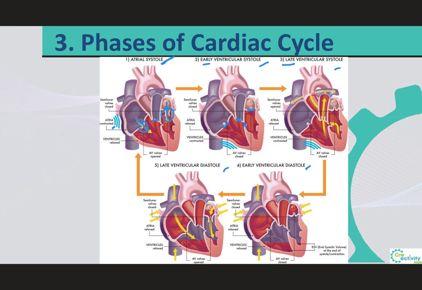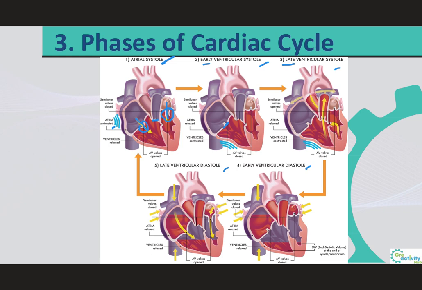So when the atrioventricular valves are closed, the blood in the ventricle will not be able to go back into the atria. And because the semilunar valves are not open, both valves will be closed. So this will increase the pressure inside of the ventricle.